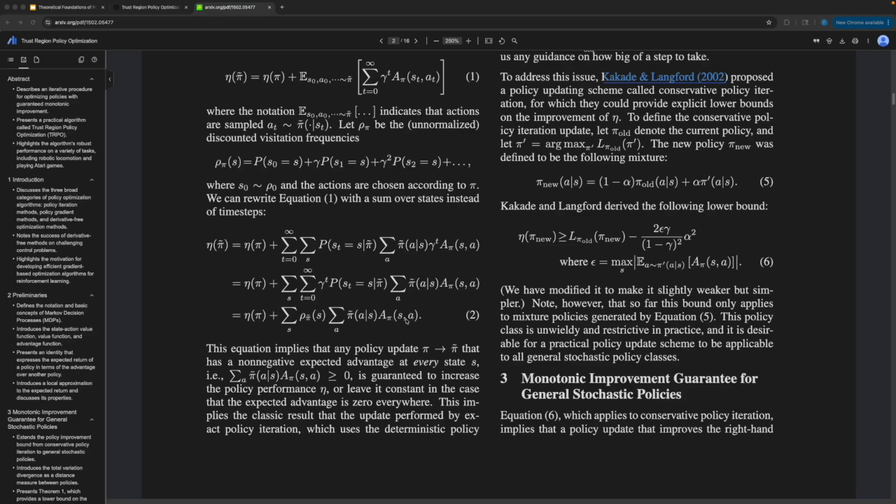This is because q pi s a would be the max of all q pi s a, maxed over all actions, and v pi of s would be an average of q pi s a, averaged by the policy pi.